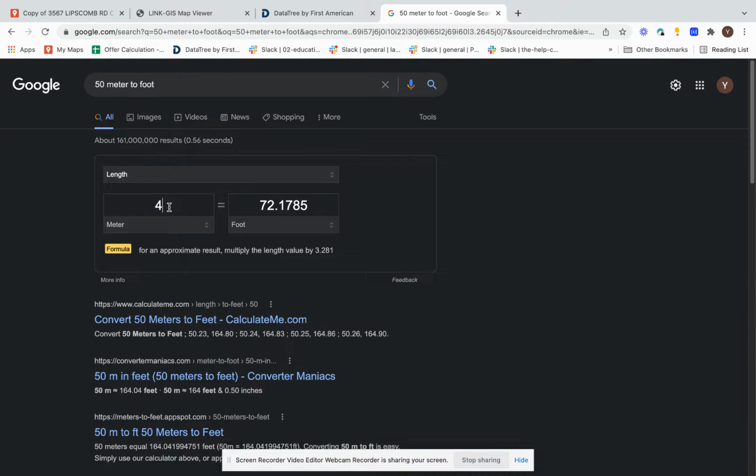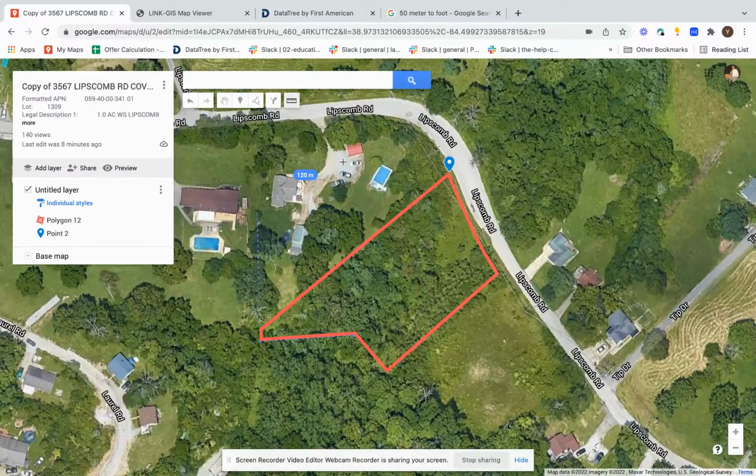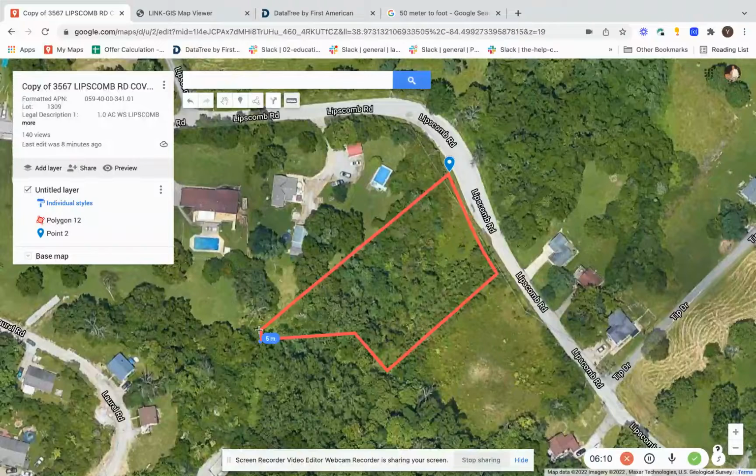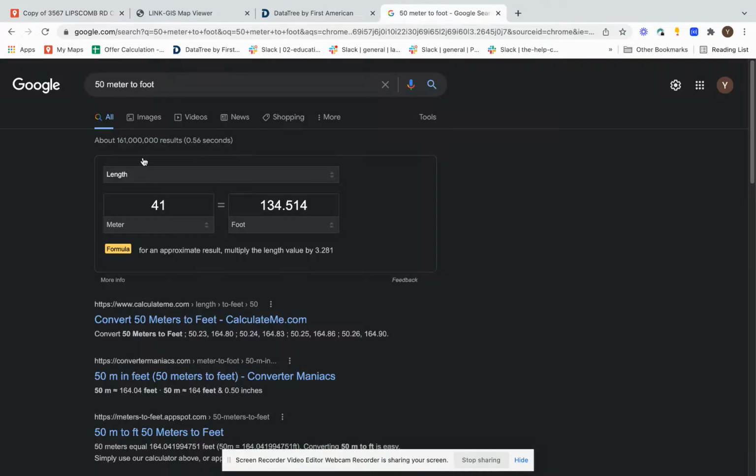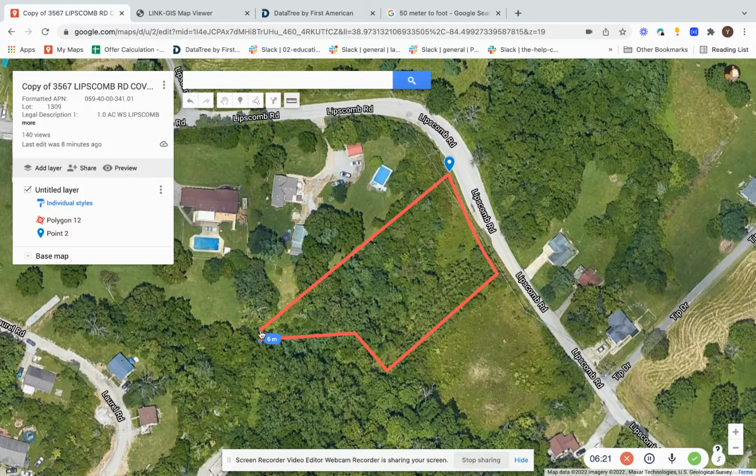And I know this is probably not ideal and it's estimated, but that will give you a good reference point. So 41 meters on that backside is about 134 foot. Then we have this small side here on the back, about 5 meters, about 16 foot. And then we have the north side. So let's measure that.